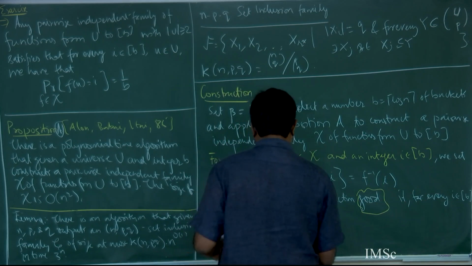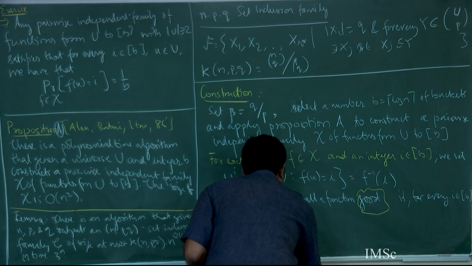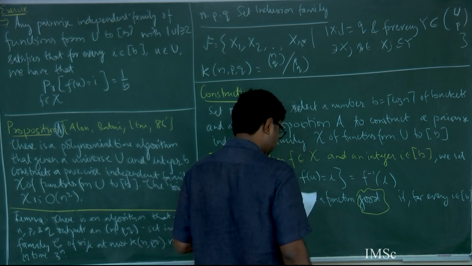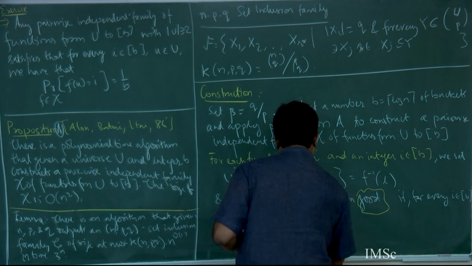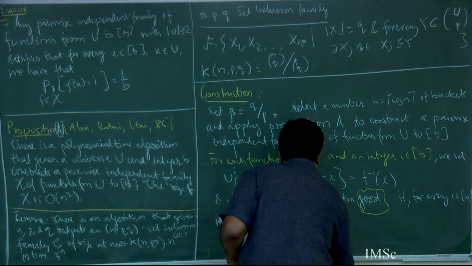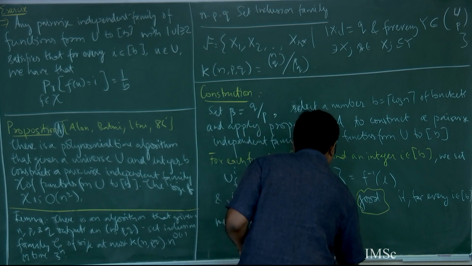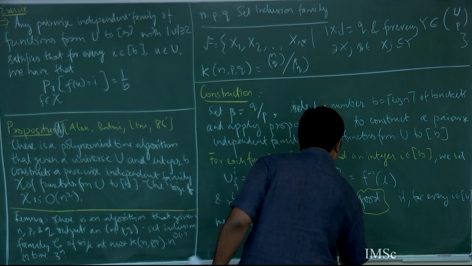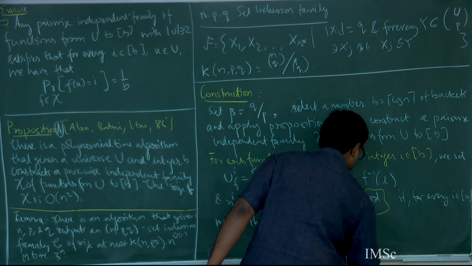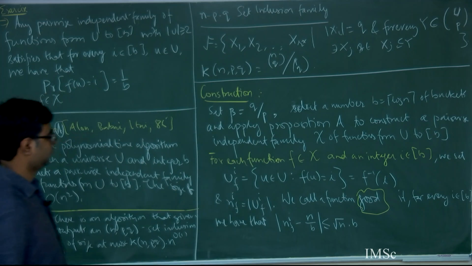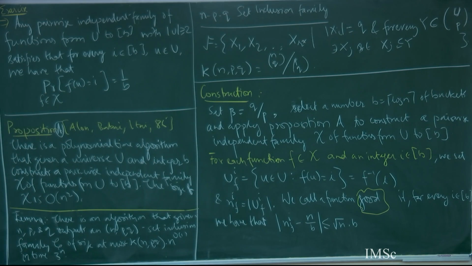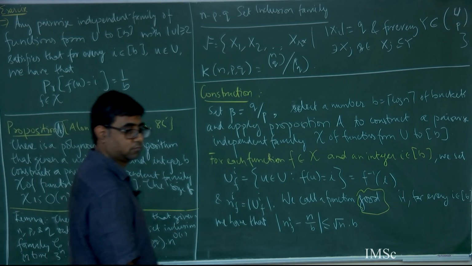That is, n_i,f, which is a number, minus n over B, which is its mean, is at most root n times B. Then we call such a function good.